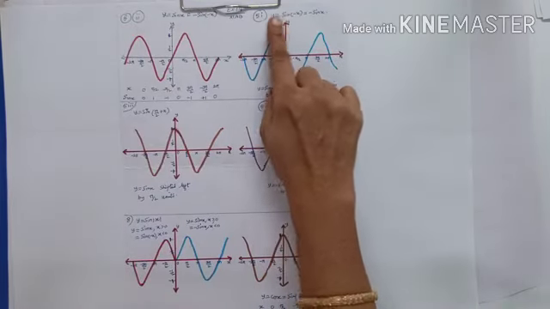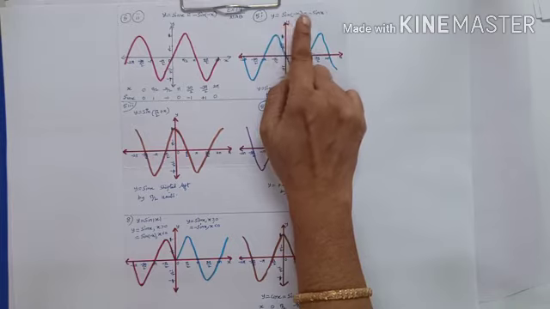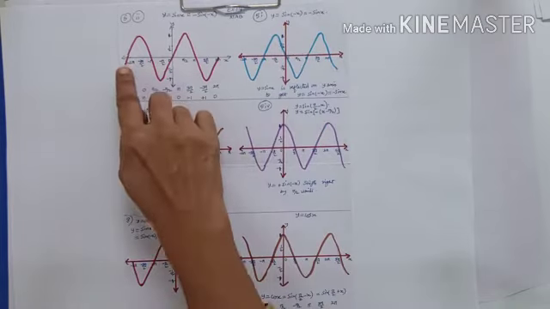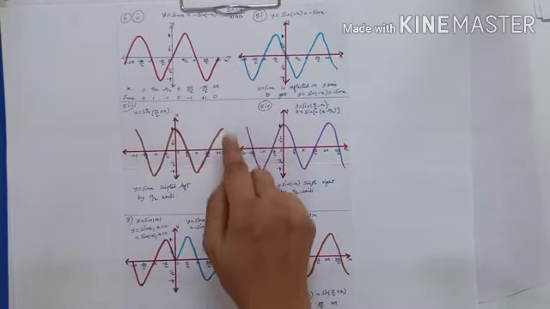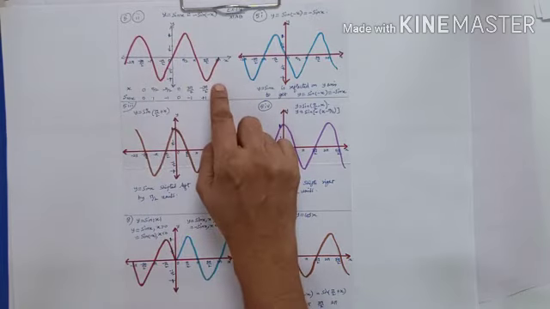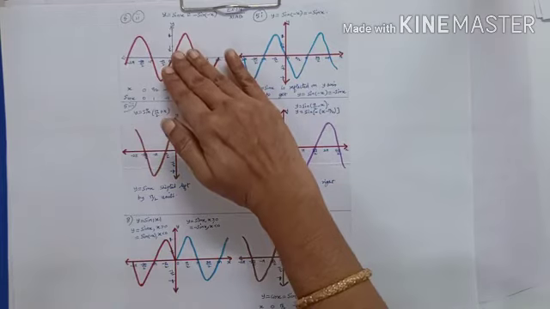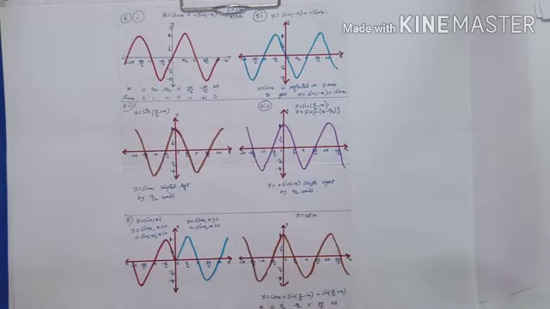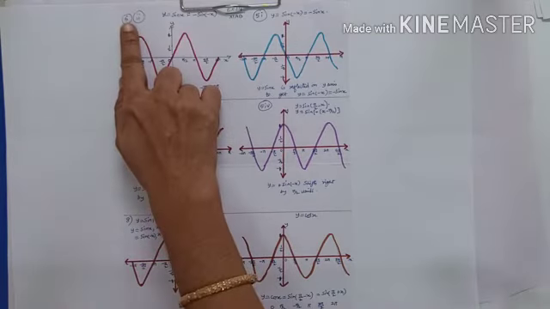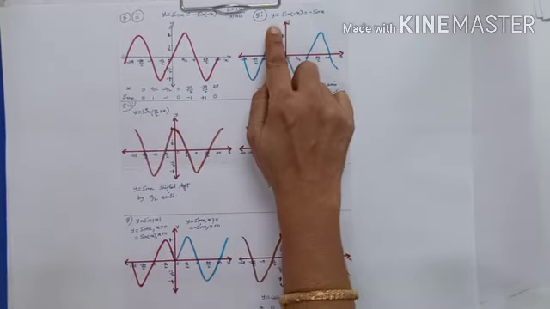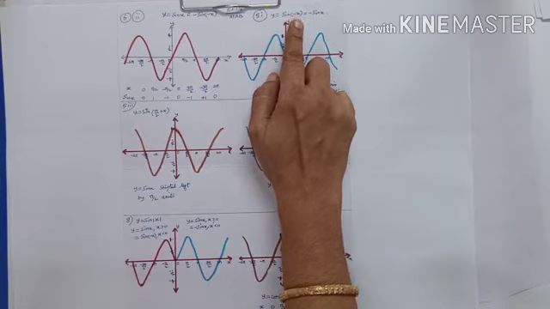First part, y equal to sine of minus x. This is the original sin x curve which we had learnt in the earlier case. Question number 5, subsection 1, y equal to sine of minus x.